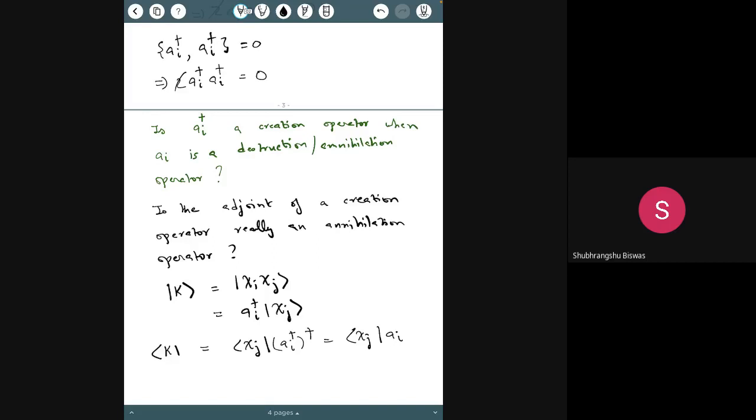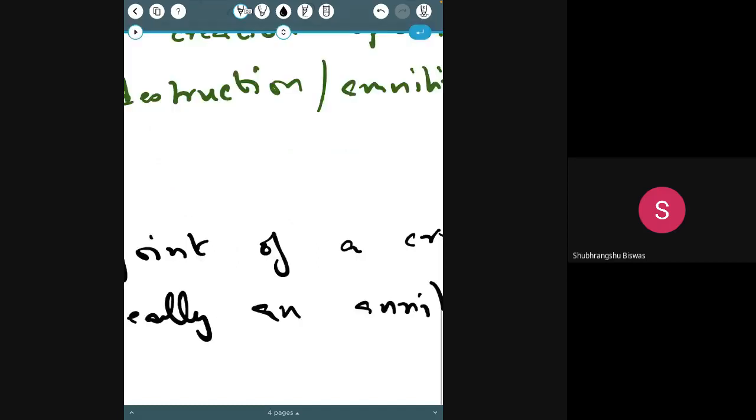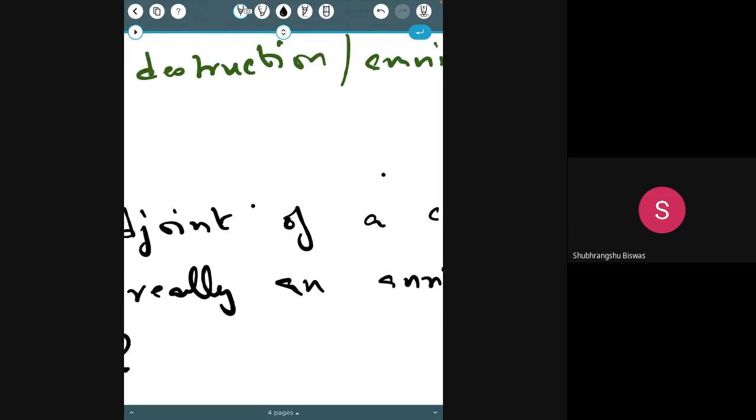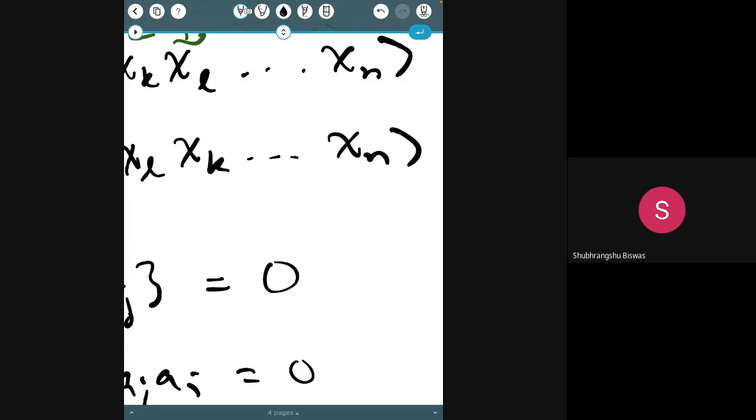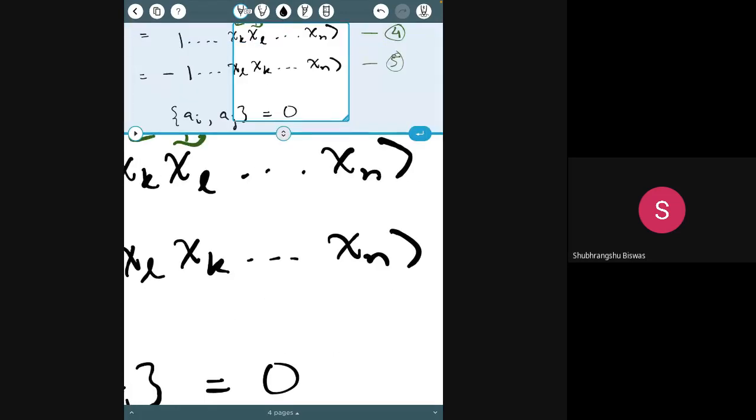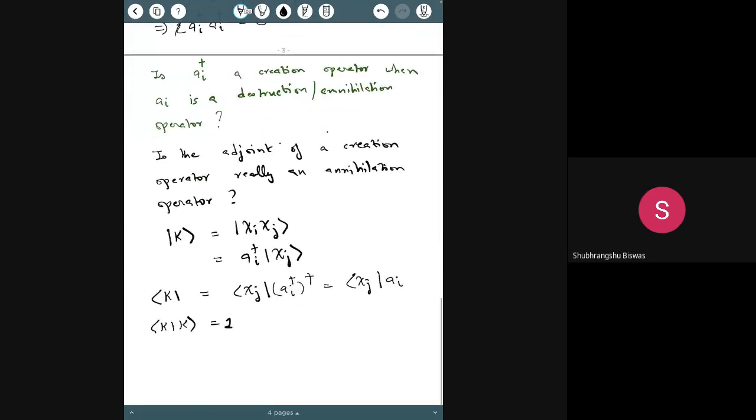Now what we know is that the K overlap is 1. So this is normalized.